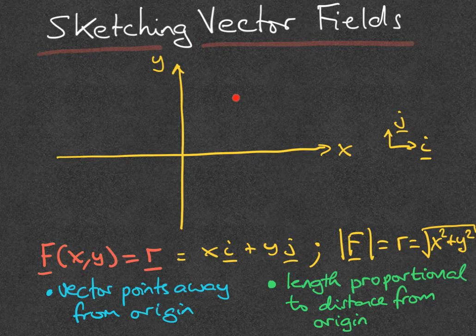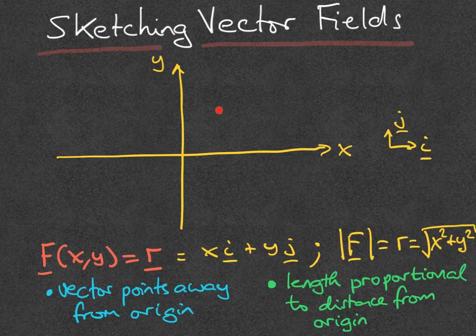So if we were here, say, it would be pointing in that direction because that is the direction of the position vector to that point. Also, the magnitude of the vector is equal to r, and r is the distance of the point from the origin.